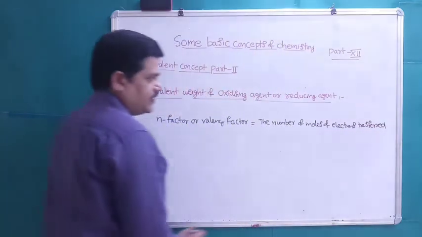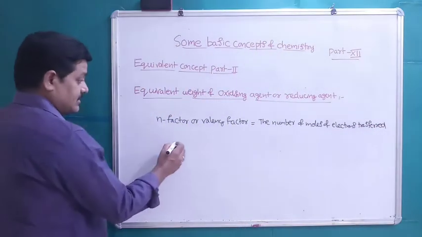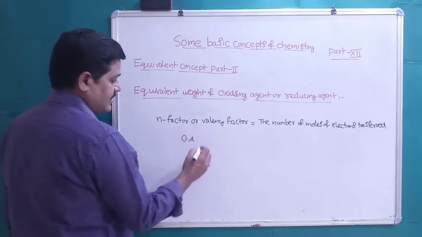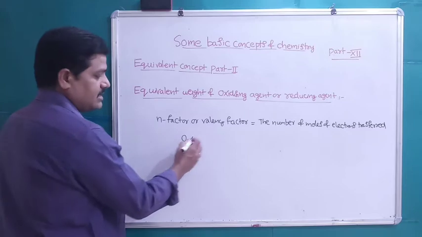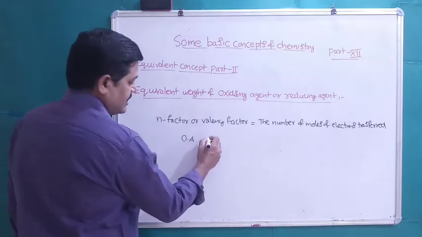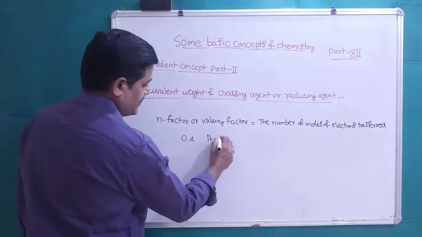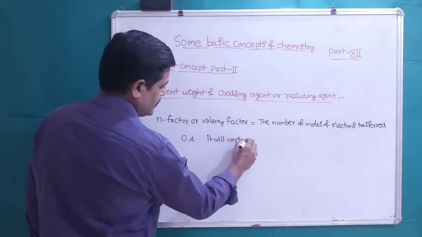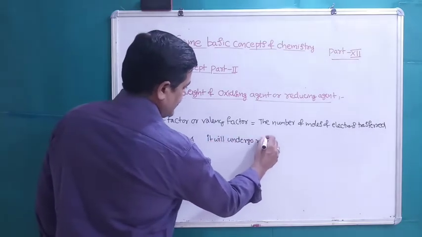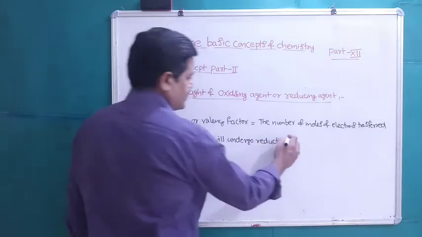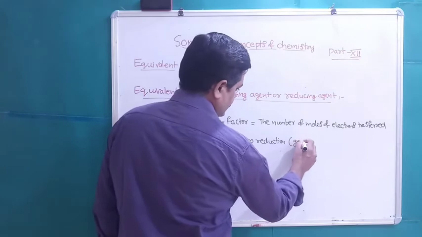Students, if it is an oxidizing agent, I am representing it with O.A. An oxidizing agent generally will undergo reduction. That means reduction is a gain of electrons.